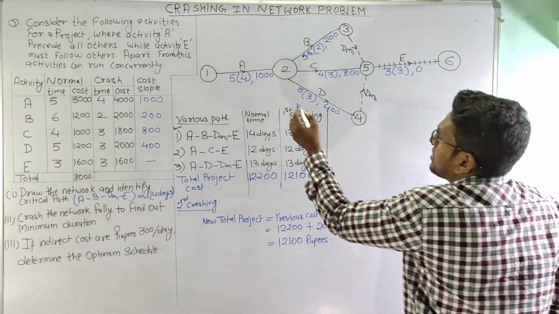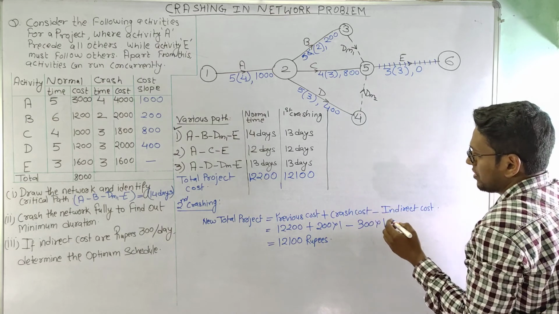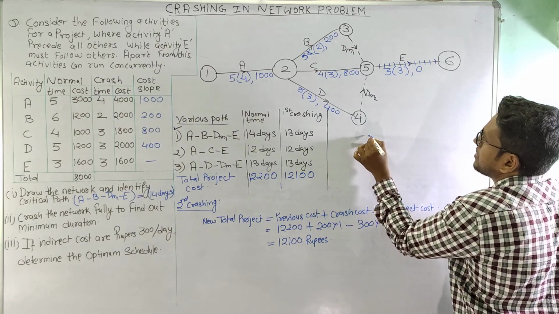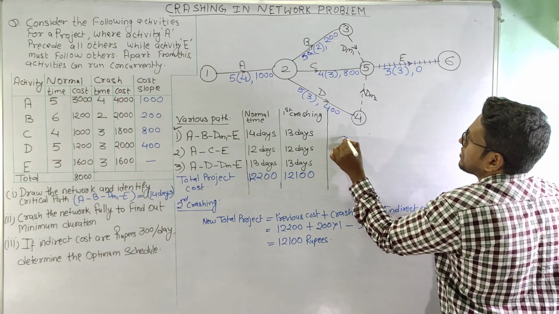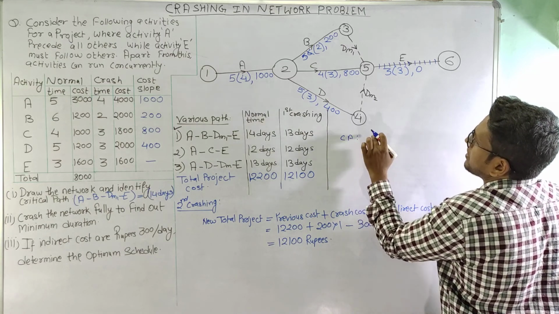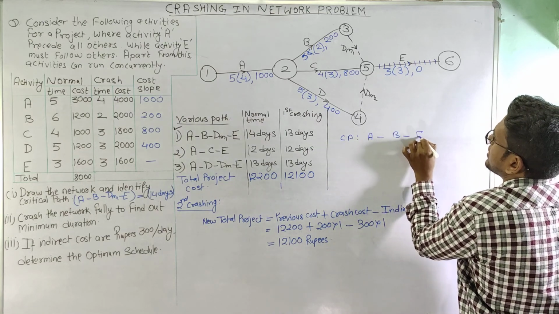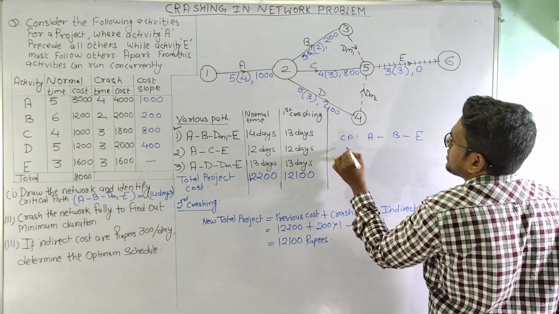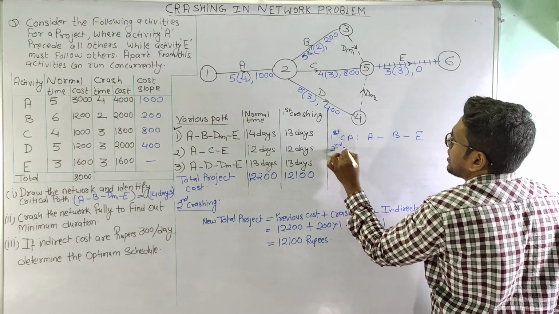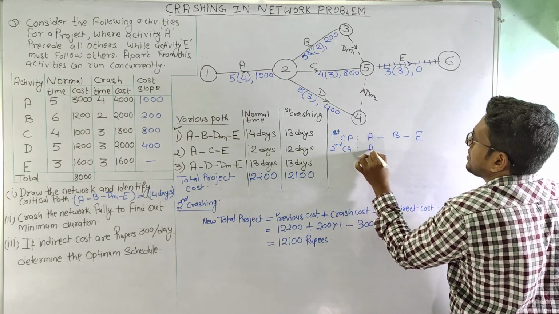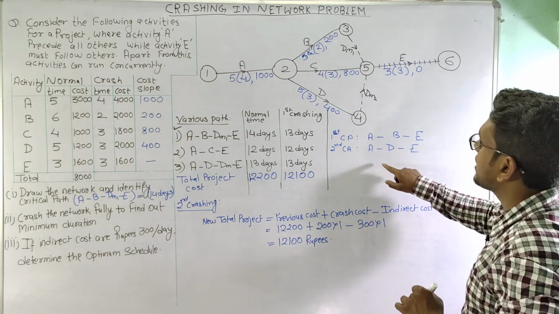So if we select activity A here, which is in both paths, let us say the first path has critical activities A, B and E to be crashed, and the second path has critical activities A, D and E to be crashed.